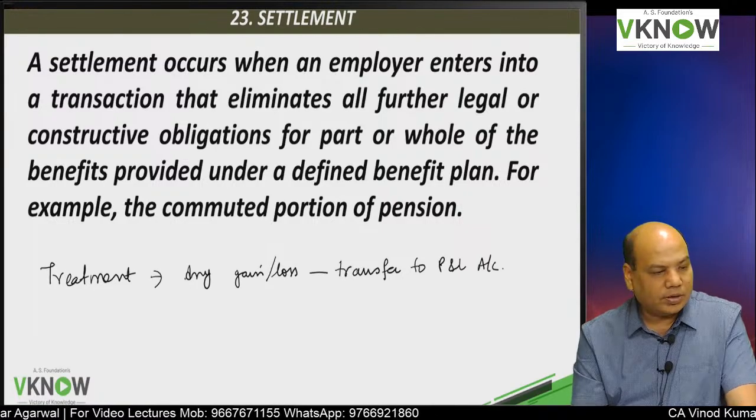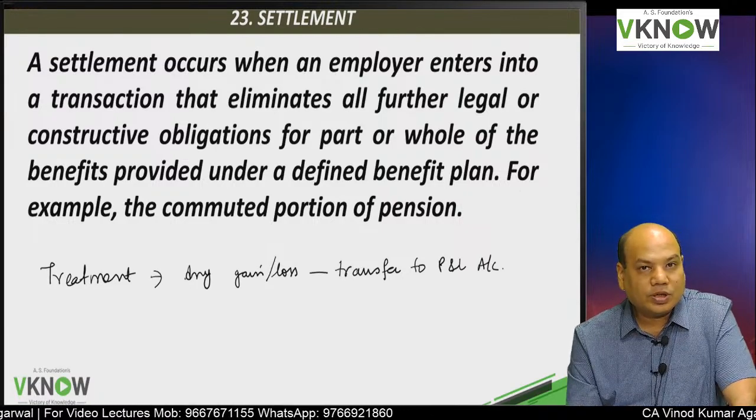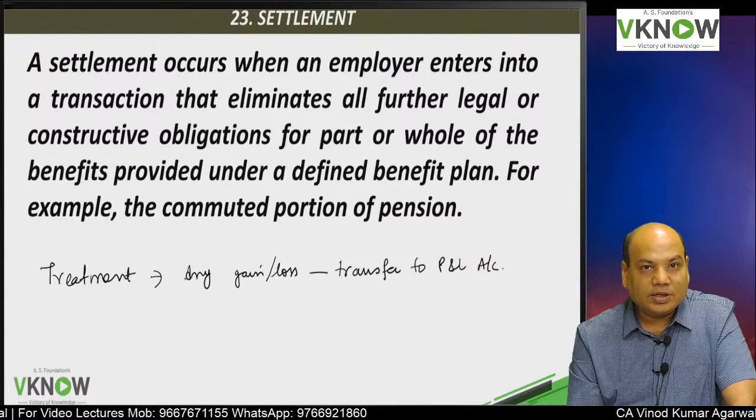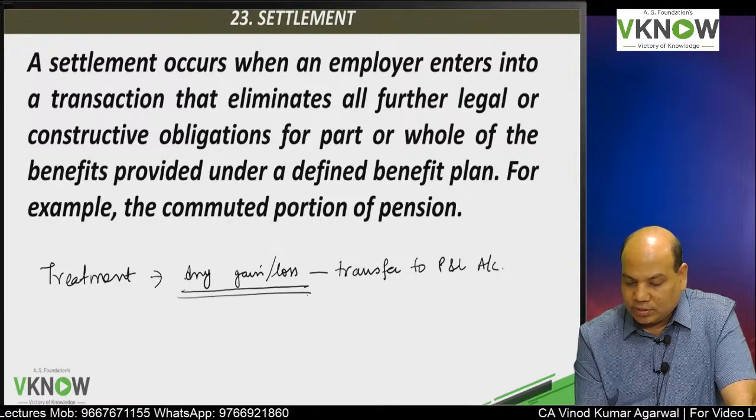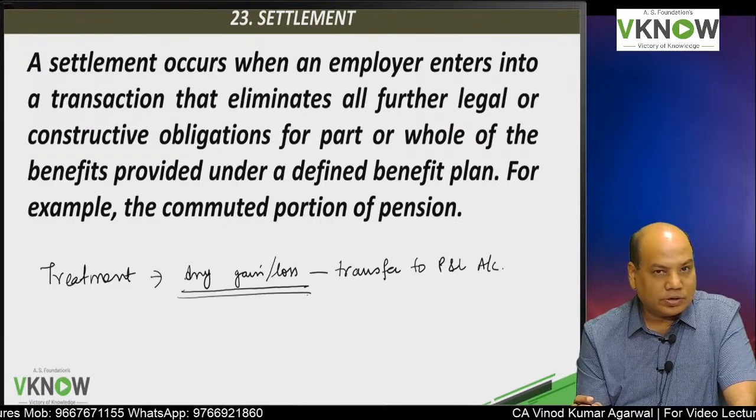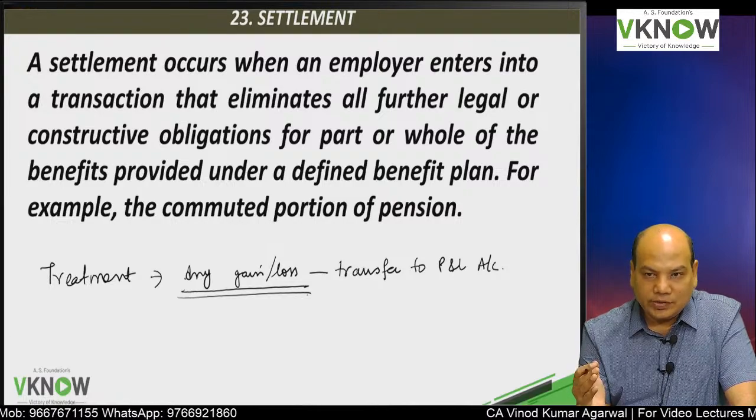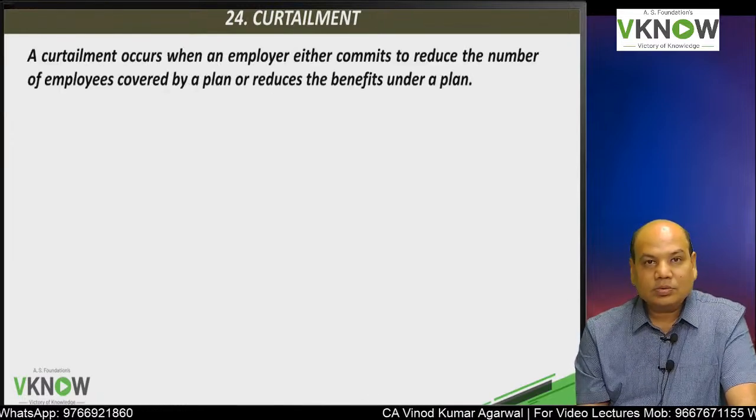That is the treatment. So this was also there in your 7 items in P&L account: curtailment and settlement. So if due to settlement there is any gain or loss, if your liability increases, it's a loss. If your liability decreases, it's a gain. Transfer to P&L account.